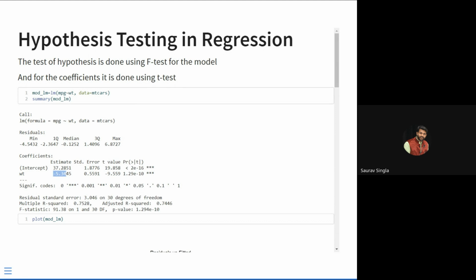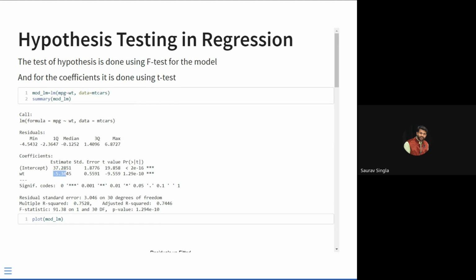And what is the meaning of coefficient A? That is 37.28. It is a bit abrupt to say, but it means that even if there is no weight of the car, even then the car will give an average of, the highest possible average of the car is 37.